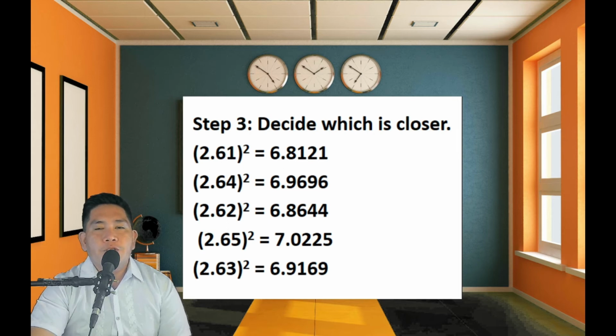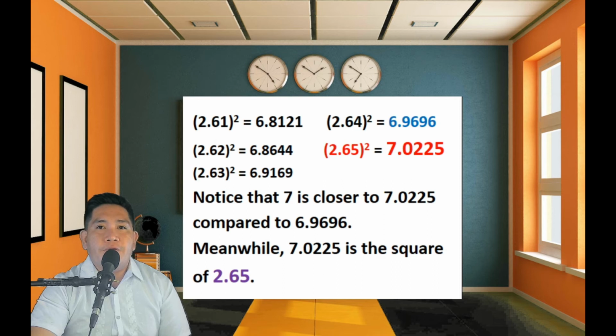Take note, squaring 2.66, 2.67, 2.68, and 2.69 is not necessary since the square root of 7 is closer to 2.6 than 2.7. Notice that 7 is closer to 7.0225 compared to 6.9696.